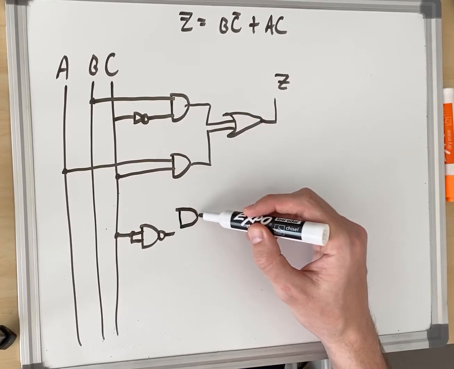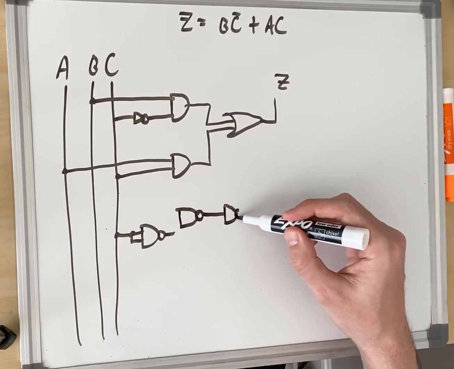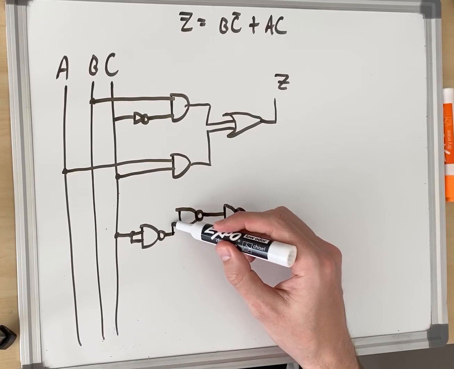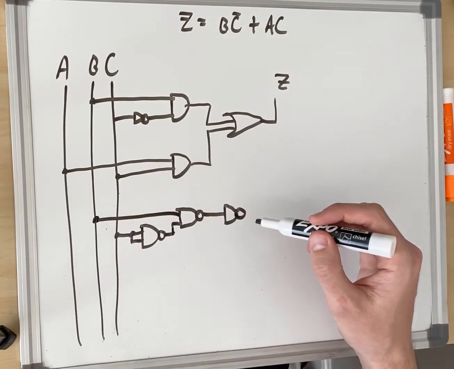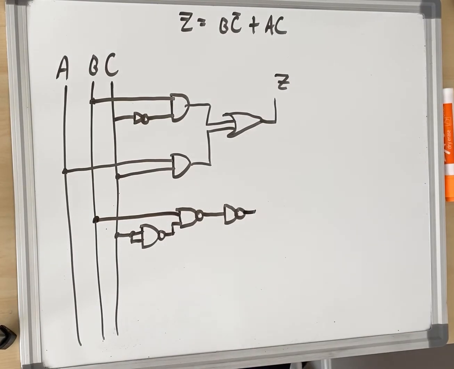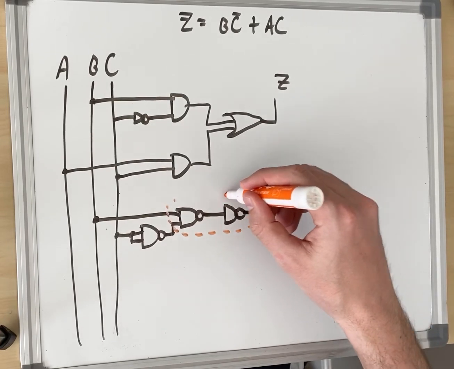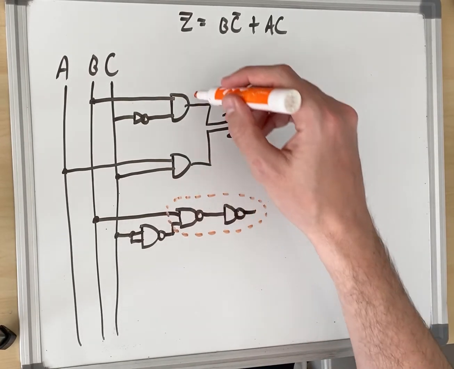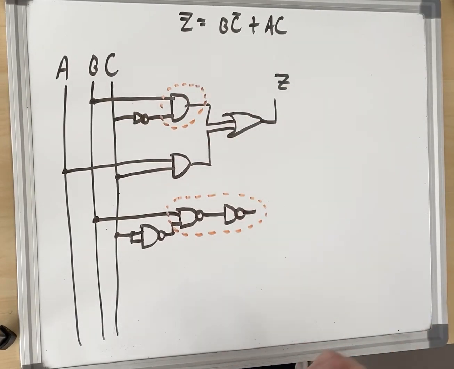If I remember what an AND gate is, it's this. This goes back to B. So this is my equivalent of this.